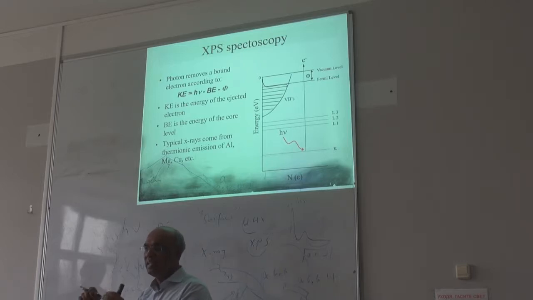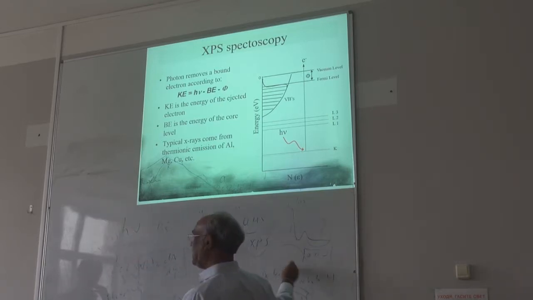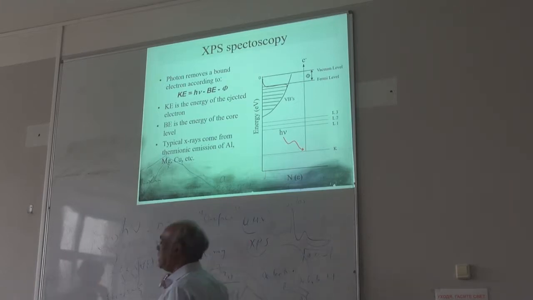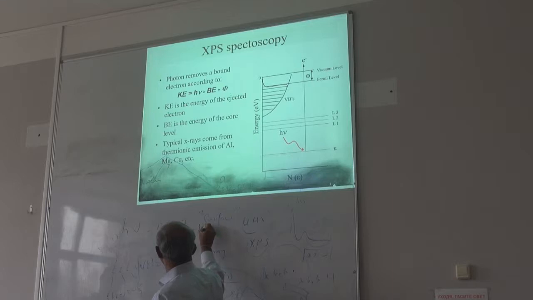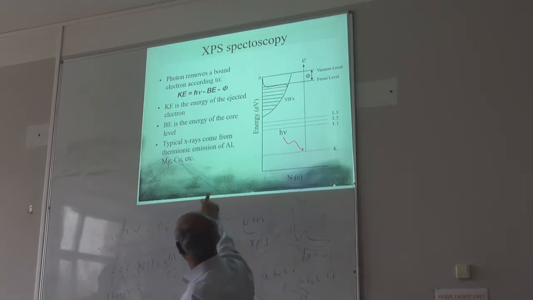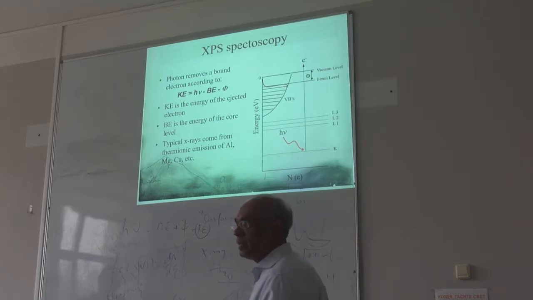Binding energy will make it detached from the atom. Then it has to come to the detector, so for that it has to overcome the work function. This is the work function. Then it is coming with some energy, that's the kinetic energy. That means kinetic energy is h nu minus binding energy minus phi. Is that it?